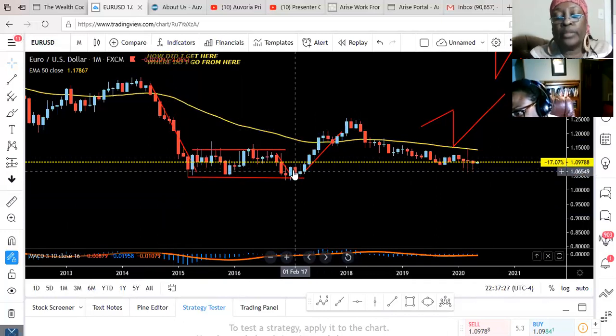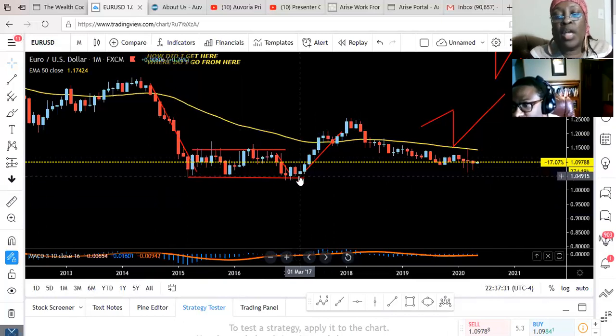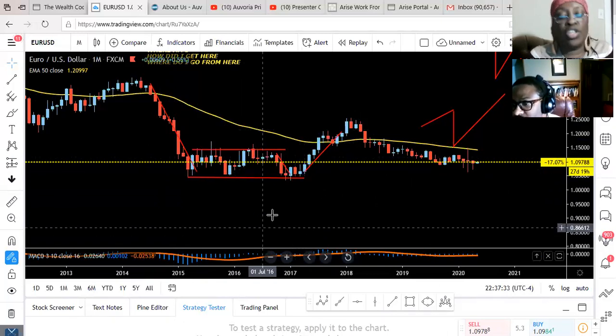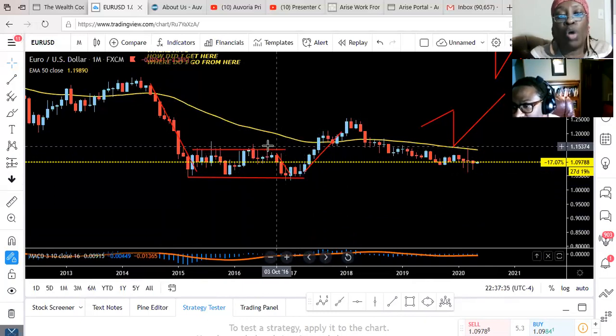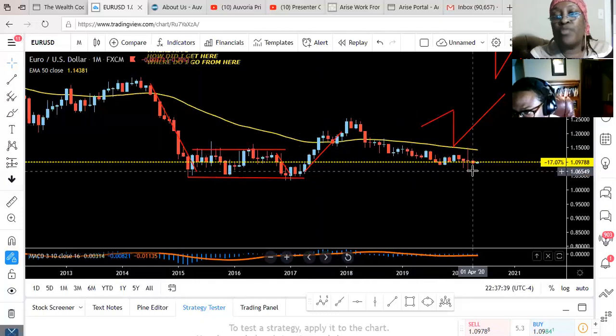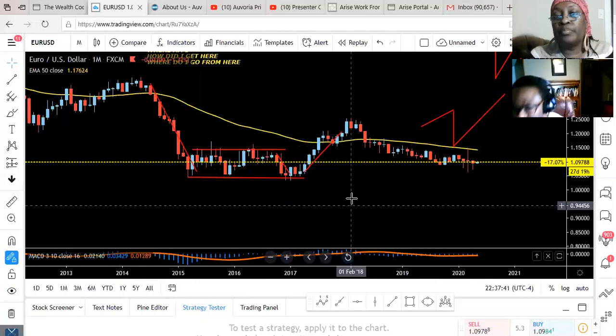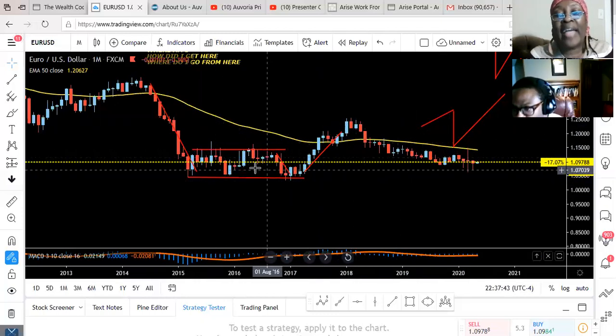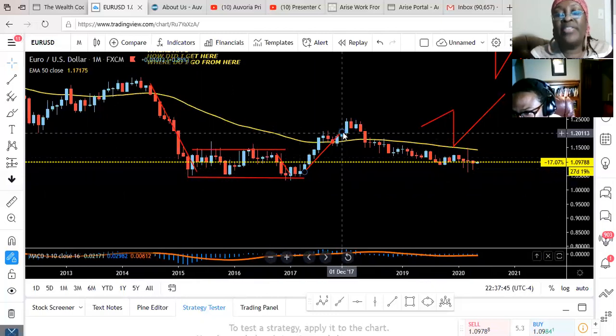I mean, impulse right here, and then from this impulse it did a correction and it continued up and broke out of the zone, broke the structure, went up, and then it dropped. But the flag is what confirmed to us that it was going to drop.